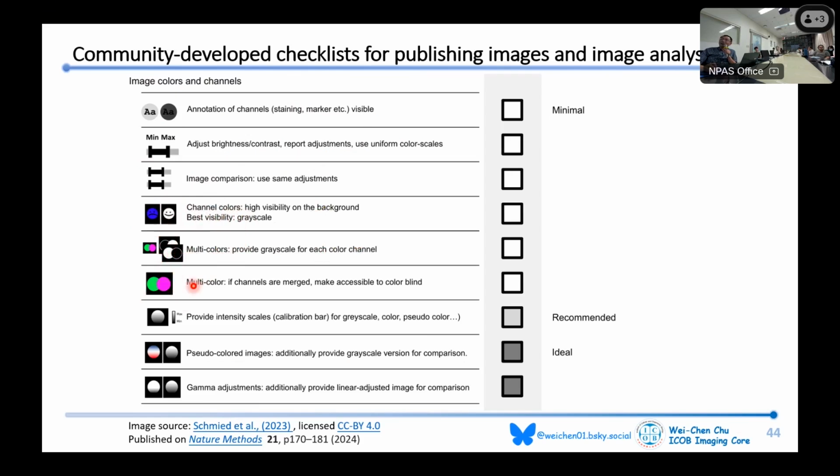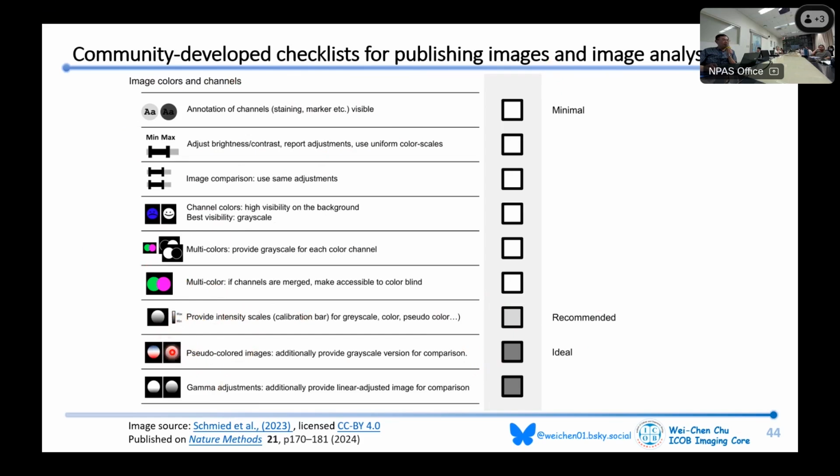And if you have two colors, red and green is not good. Green and magenta is better. So this is the minimal requirement. And if you can provide a scale bar, a calibration bar, or pixel intensity, that will be even better.